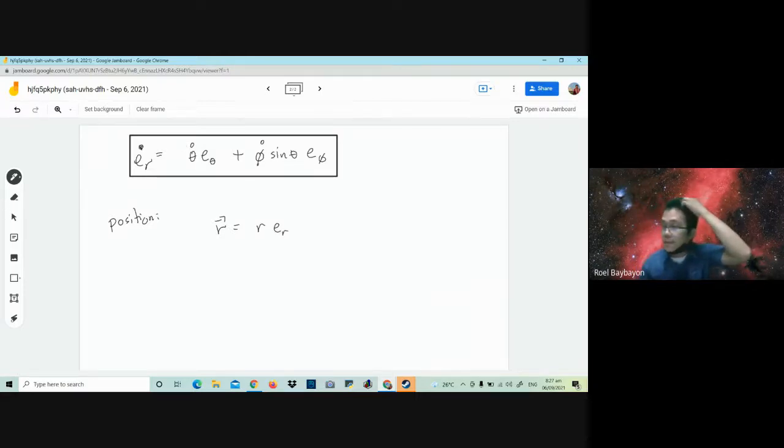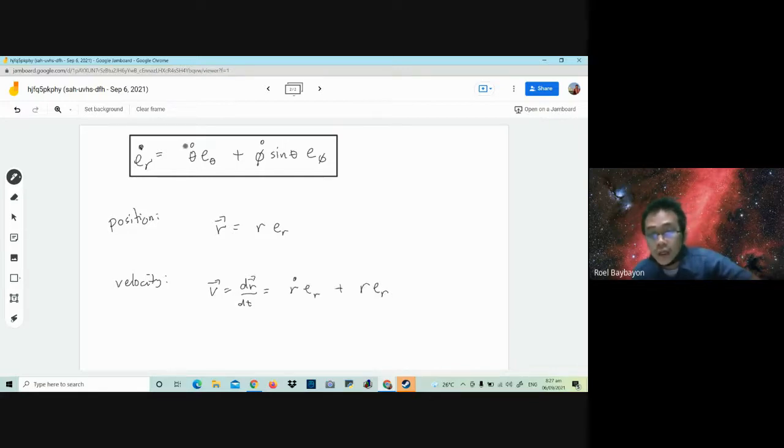So when you take the velocity, it is just equal to the time derivative of the position with respect to time, and this has two terms: R dot ER plus R ER dot. That is why I got ER dot first, because I will use it to calculate the velocity.